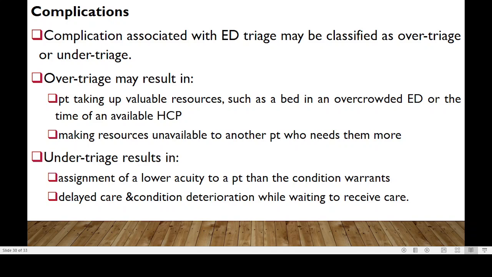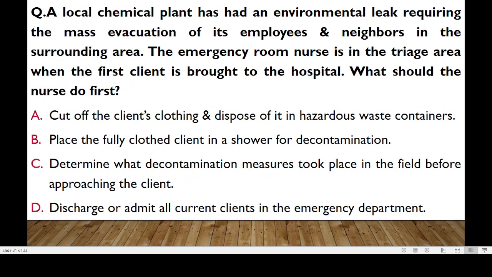Over-triage might also make resources unavailable to another person who needs them more. Under-triage, on the other hand, might result in assignment of a lower acuity to a patient than the condition warrants, and could also result in delayed care and condition deterioration while waiting to receive care.